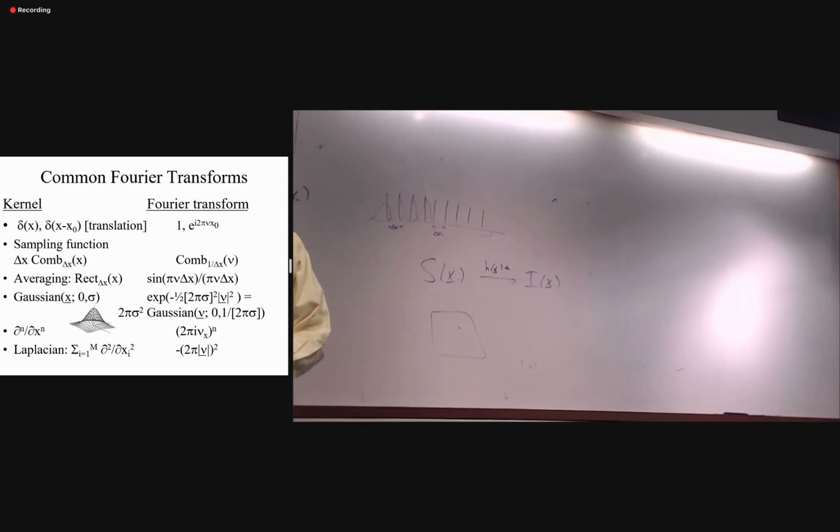But of course, computationally, I've made the argument that when you apply a kernel, you'd rather do it most often in the frequency domain because that's a much more efficient way of applying a convolution, of applying a shift invariant linear operator.